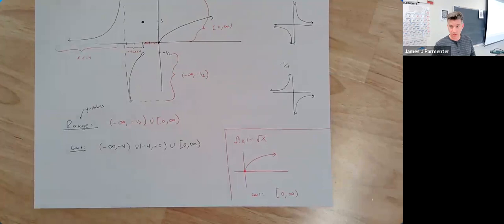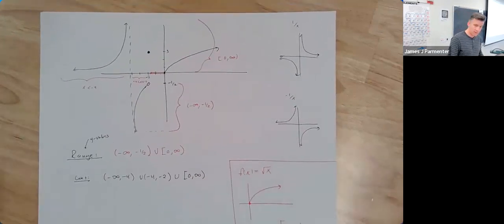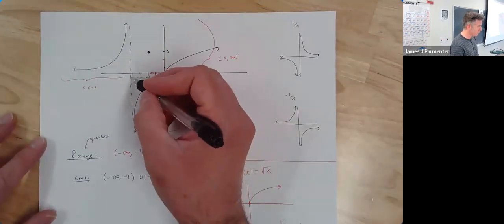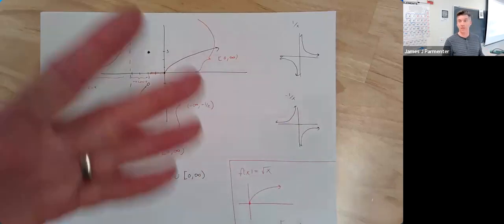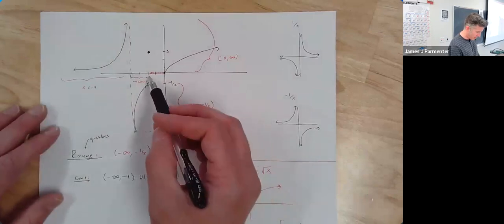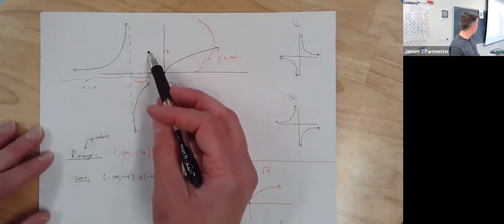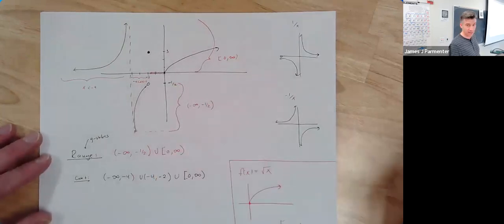Someone asked, don't quite understand the difference between domain and continuity. So let's look at the graph to kind of see it. Here on this graph, this function is defined as a domain everywhere except for at x equal to -4. The function does not exist there. X equal to -4 is not in the domain. And -2 is in the domain because the function is defined to equal something when x is -2.